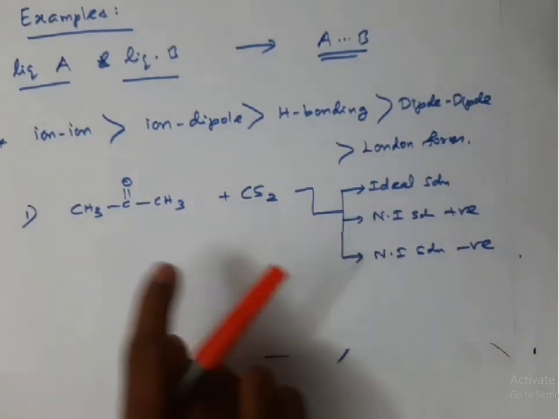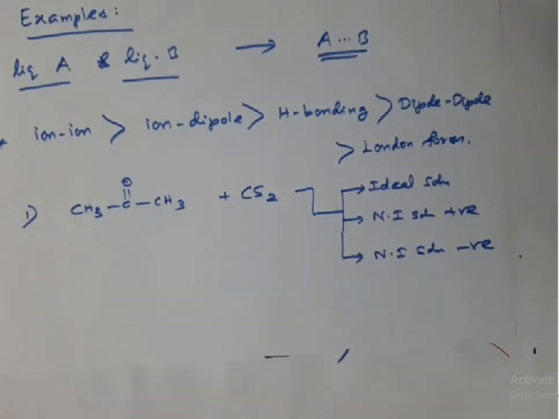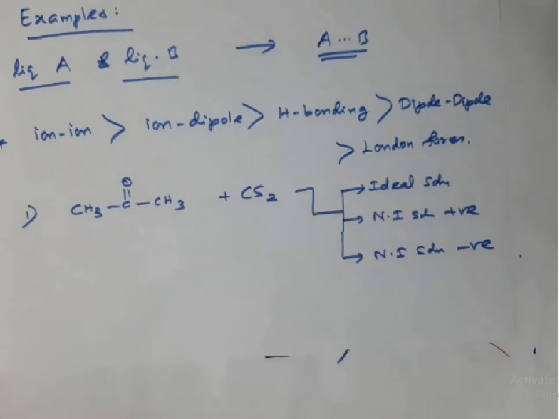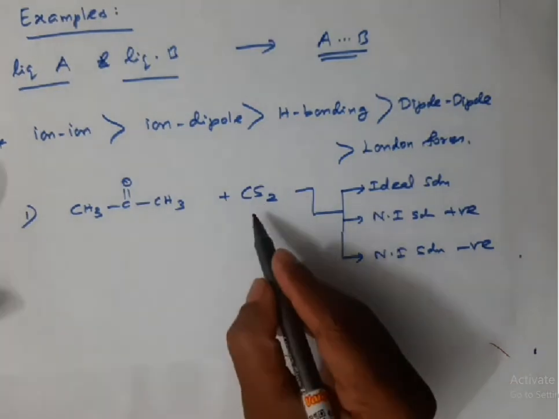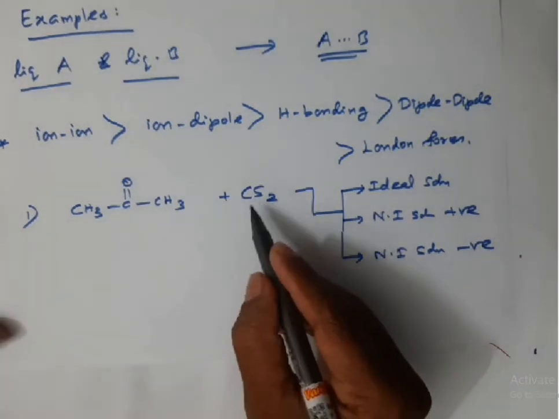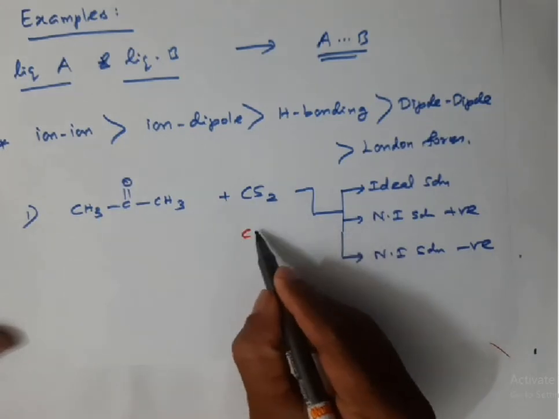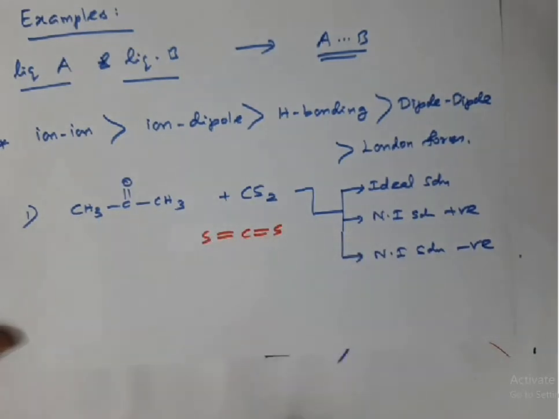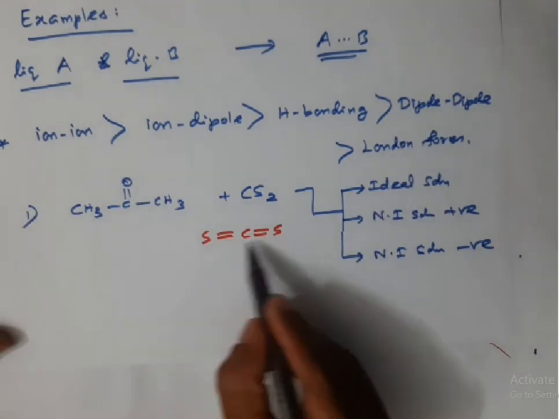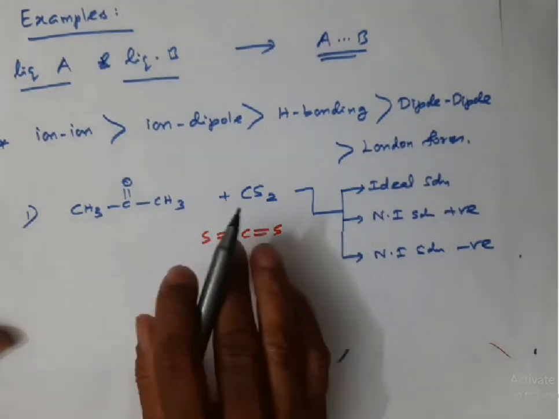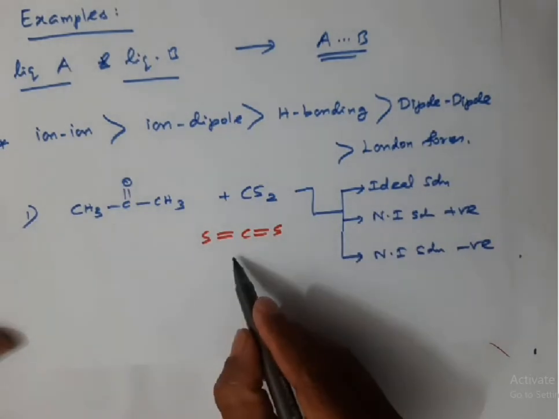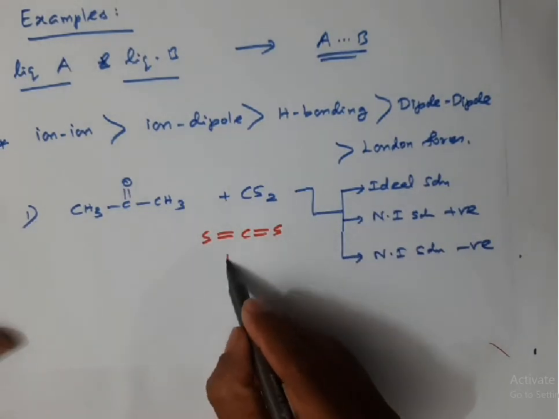Students, very simple. See the two and find out in which one attraction is stronger. In carbon disulfide, it is a linear molecule, and there is no net dipole. Dipole moment is 0, so it is a non-polar molecule.